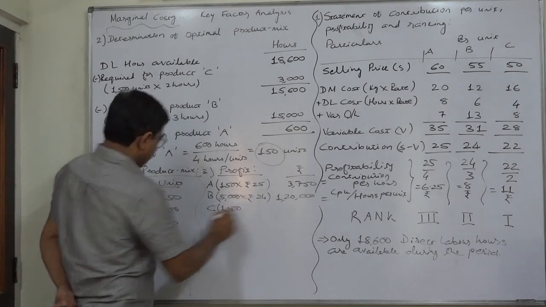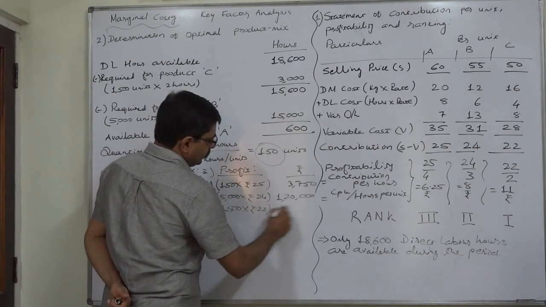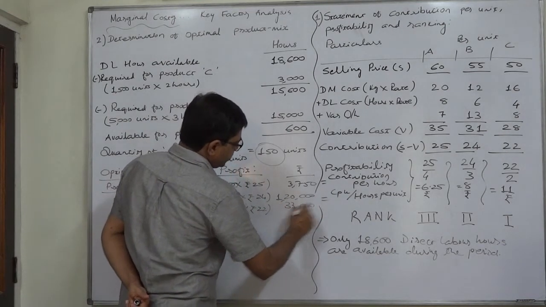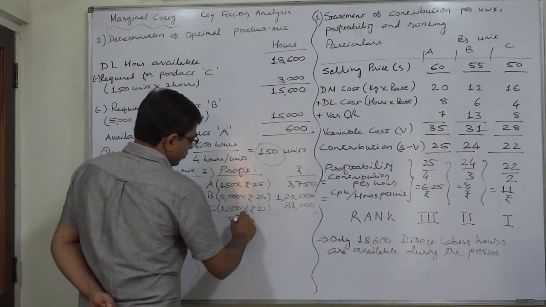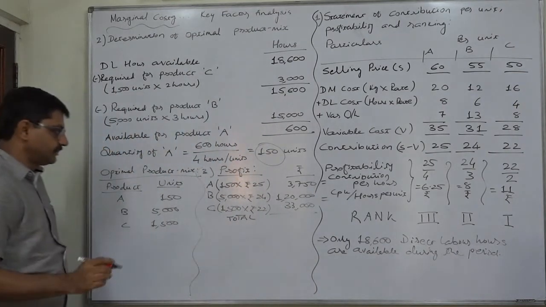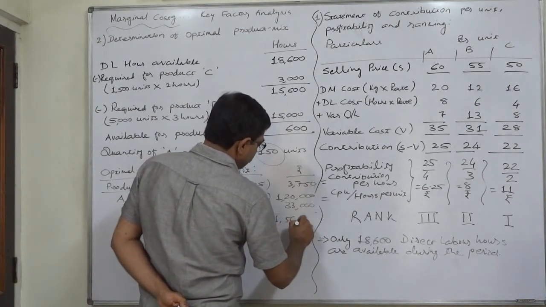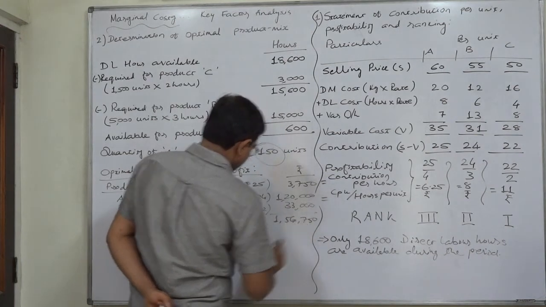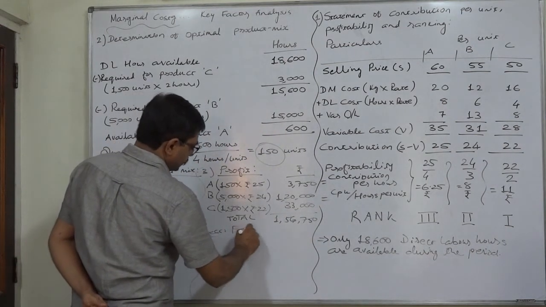C, 1,500 units into rupees 22, that is 33,000 rupees. So the total contribution from the optimal sales mix will be 1,56,750, out of which we have to write off the fixed cost.